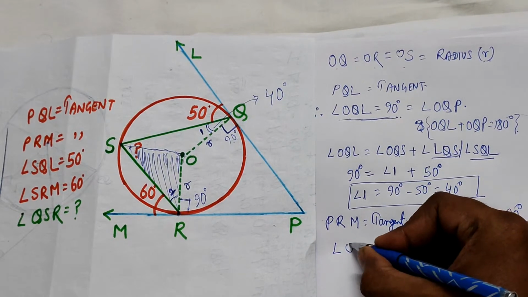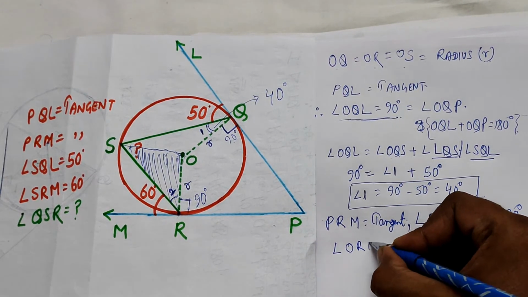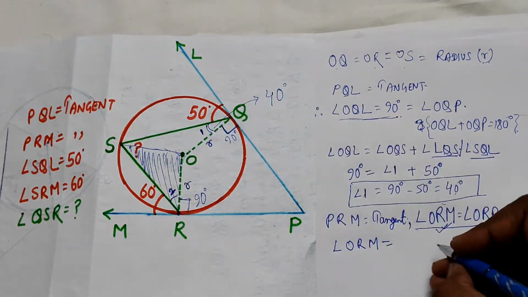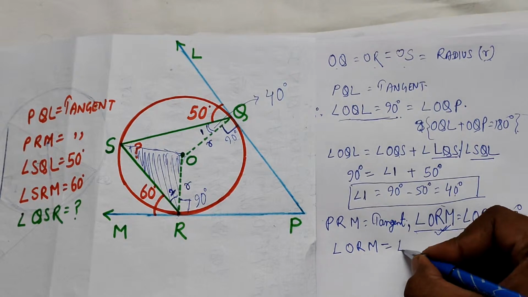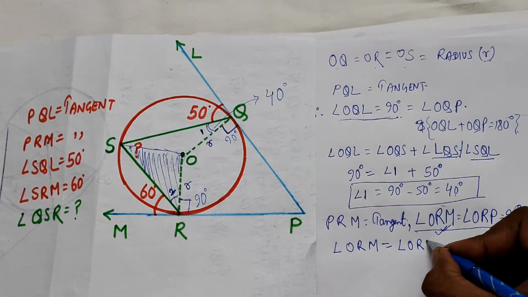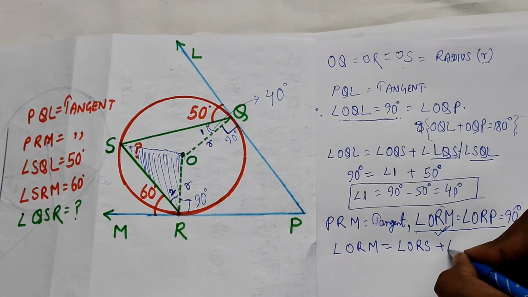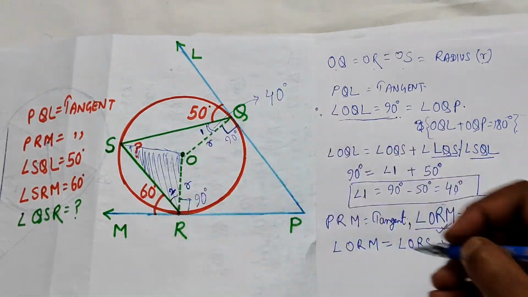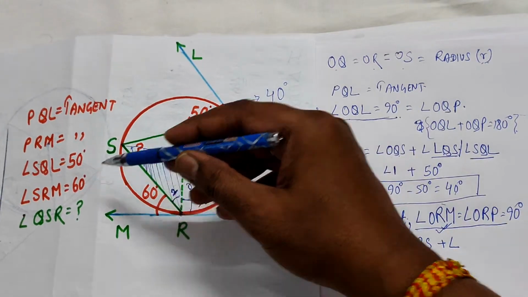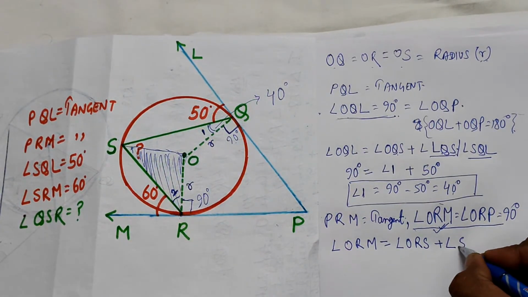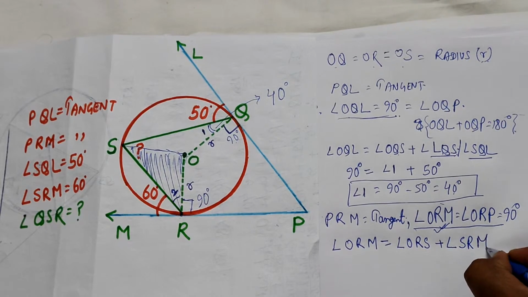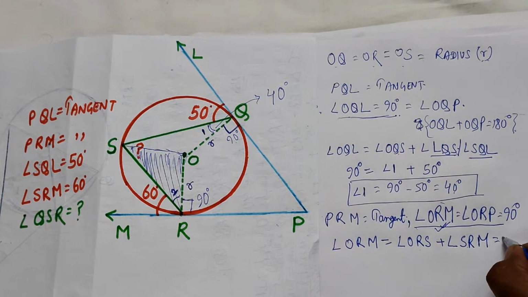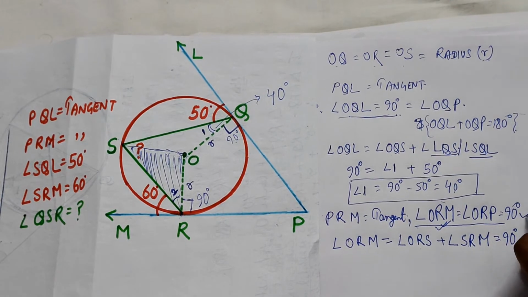Angle ORM can be written as angle ORS plus angle SRM, this one, and both will add up to give you 90 degrees.